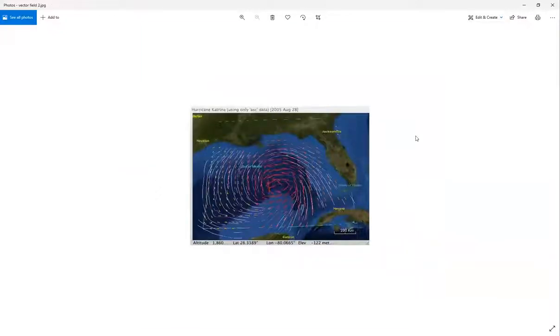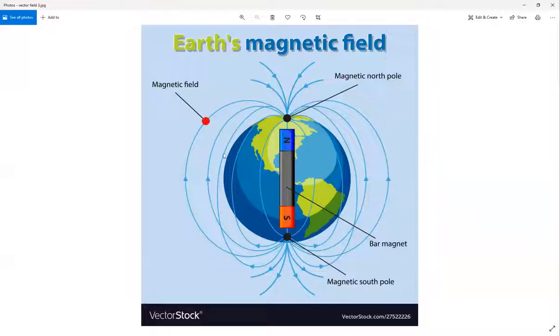Another example. Well, think about the Earth, the magnetic field of the Earth, North Pole and South Pole. Well, the vector field that is created here by magnetic vectors that are coming from the south and going into the North Pole forms a vector field that we call a magnetic field.